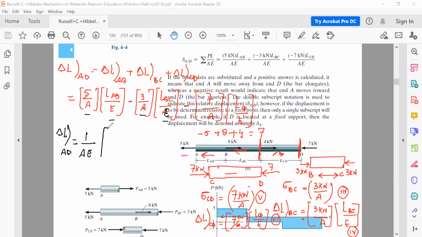What will be inside: 5 times length of AB minus 3 times length of section BC minus 7 times length of section CD. This is the total change in length. This is how these questions are to be solved.